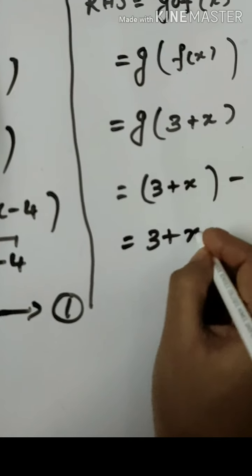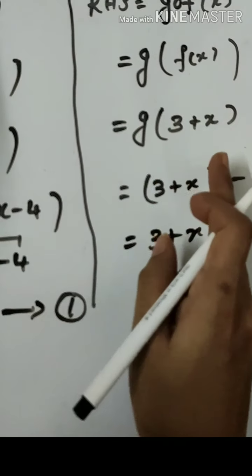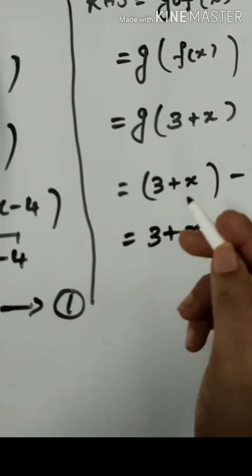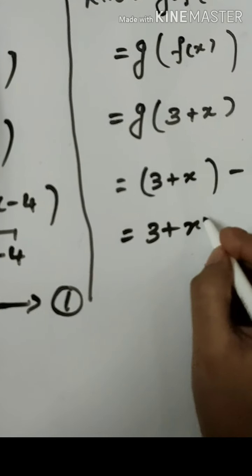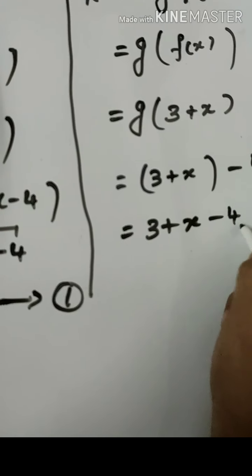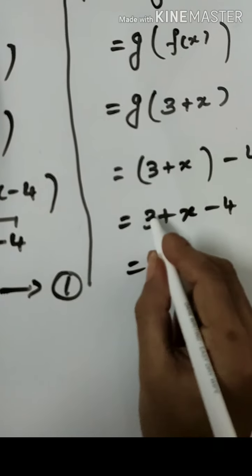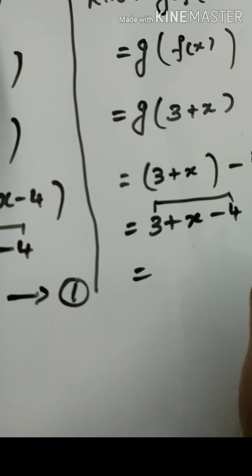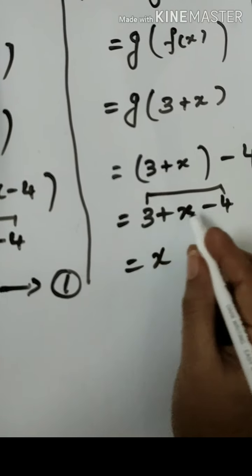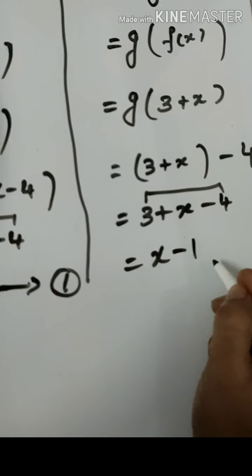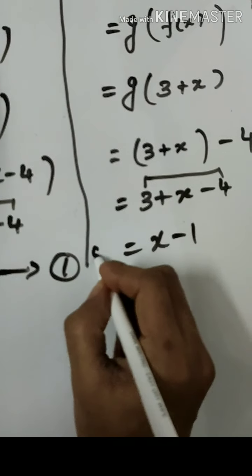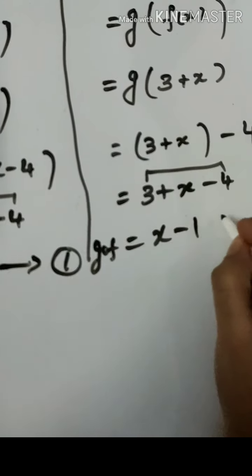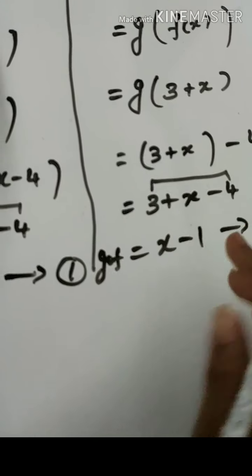If we had any number there, we would multiply it inside. So 3 plus x minus 4. We have two constants over here, 3 minus 4. When we subtract, we get minus 1. So this is our g composite f. Mark this value as 2.